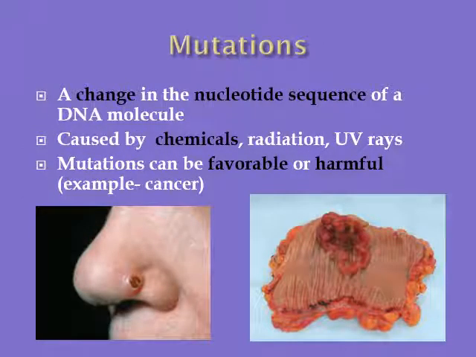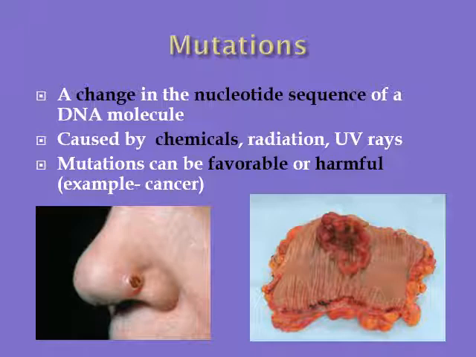So a mutation is any change in that nucleotide sequence or that letter sequence of a DNA molecule. And sometimes this is caused by random errors, like a random copying error, sort of like we saw on the previous slide. However, there are some things that cause mutations to happen or make it more likely for them to happen.